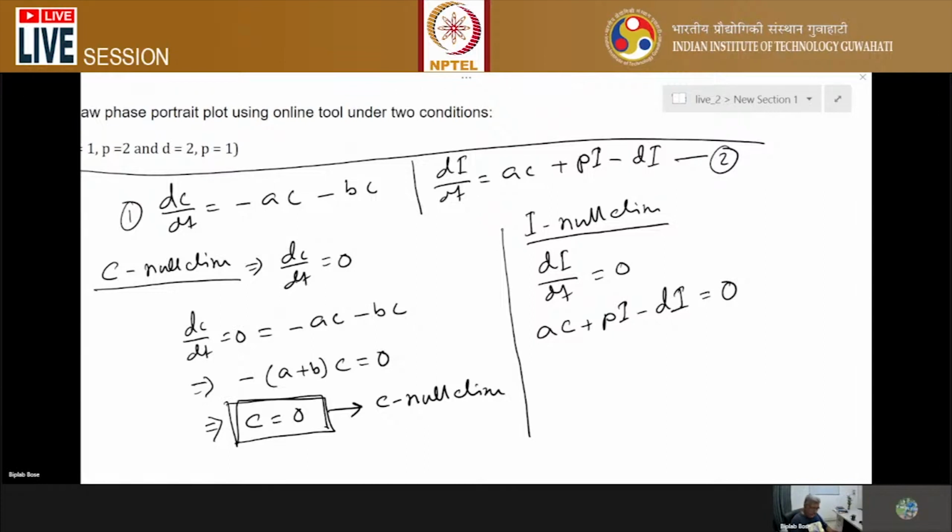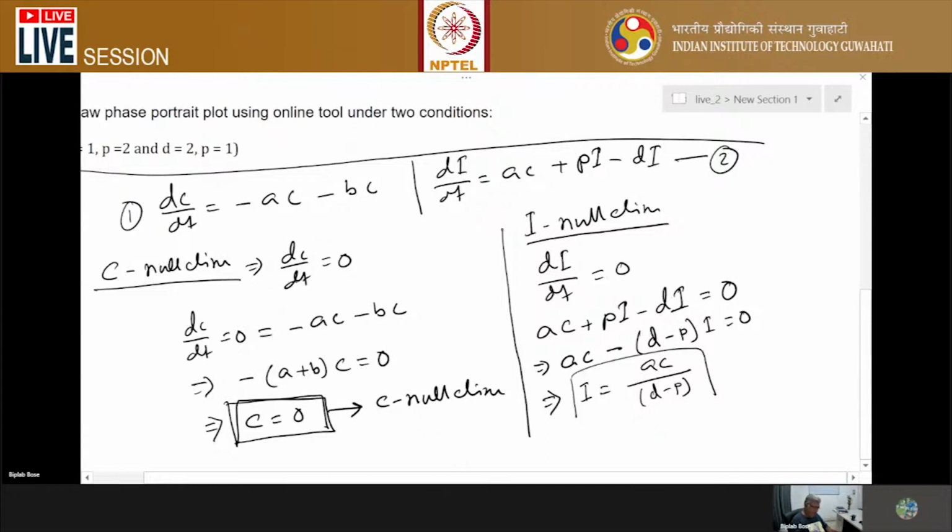I can write AC minus (D minus P) into I equal to 0. I'm just arranging terms, nothing more than that. So then I have I equal to AC divided by (D minus P). Fine. So this is my I null.